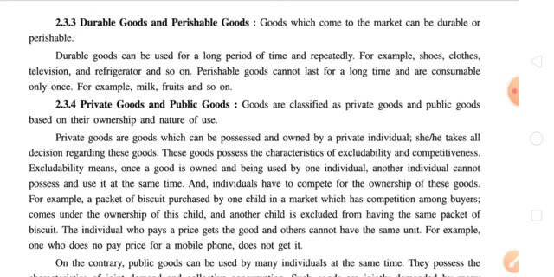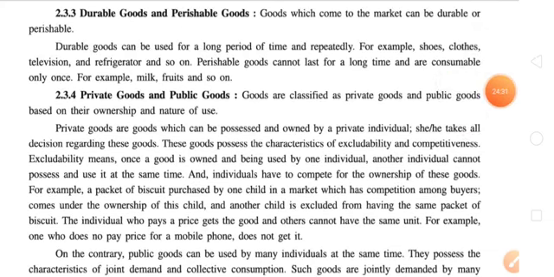And durable goods can be used repeatedly, while perishable goods cannot be used repeatedly and are consumable only once. So here also we are having two different points of difference which we can write in the examination if the question is asked like give the difference between durable and perishable goods.